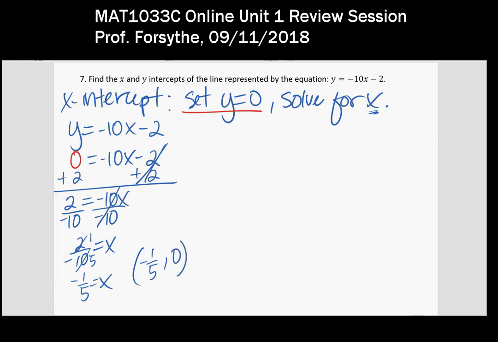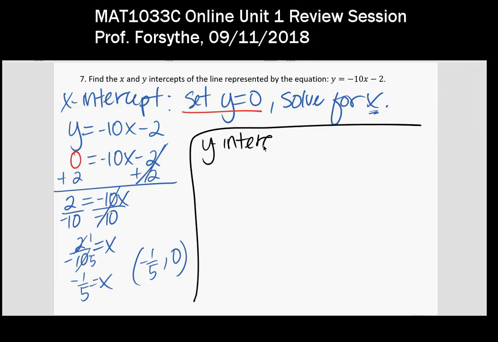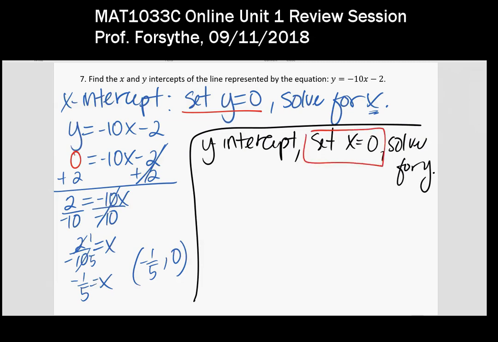Now let's do the y-intercept. To find the y-intercept, we're going to set x equal to 0 and solve for y. So if we set x equal to 0, we'll have y equals -10 times 0 minus 2. -10 times 0 is 0.